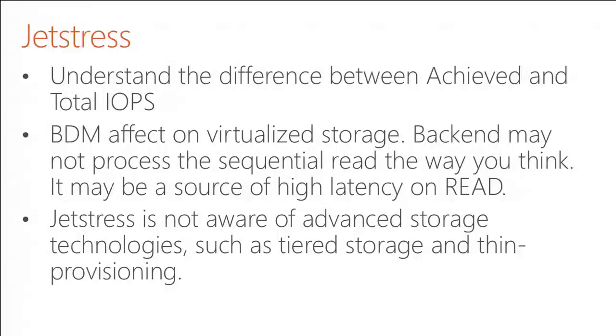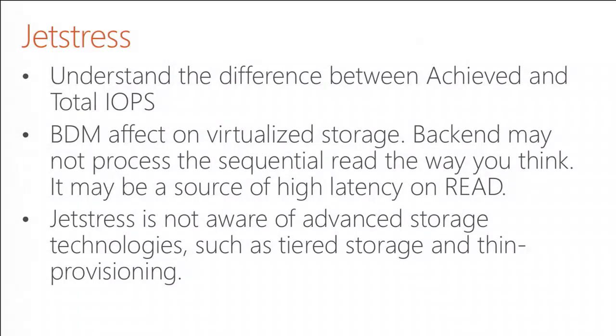So another thing is, on the JetStress, we have achieved and total IOPS. We need to understand the difference between those two. Achieved IOPS is just DB IOPS, so just reads and writes that the database did during the JetStress time, so it does not account for logs or BDM. But we need to look at the total IOPS also in the JetStress report, mainly if you're doing shared storage, because of that effect that BDM does, because BDM does a lot of sequential reads, and that does not play well with virtualized storage.